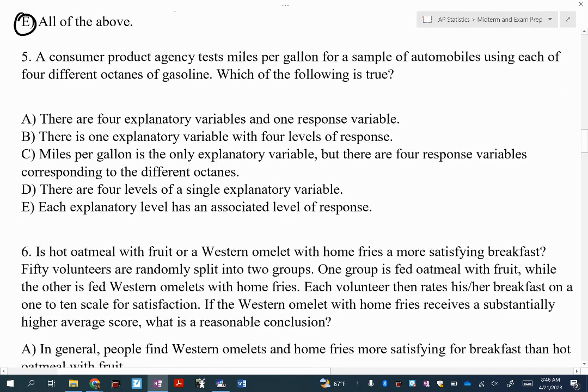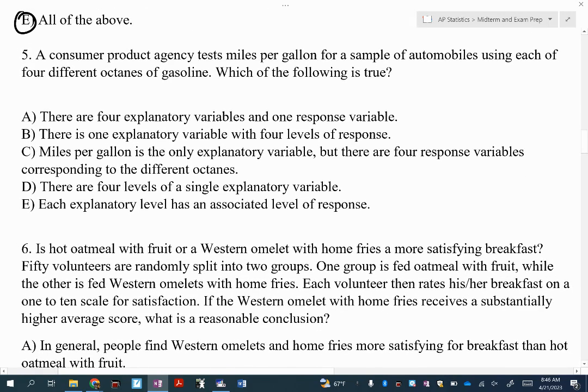Number 5. All right, a consumer product agency tests miles per gallon for a sample of automobiles using each of 4 different octanes of gasoline. Which of the following is true? Now, this is asking a lot about explanatory and response variables. You remember the way I described those 2 variables?